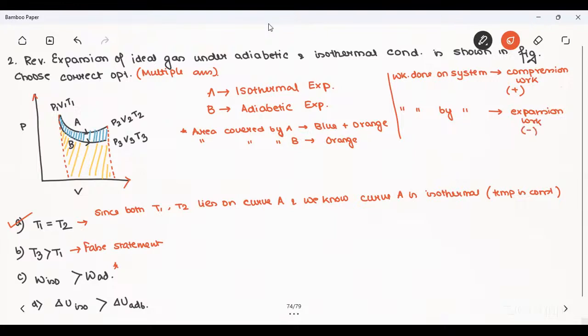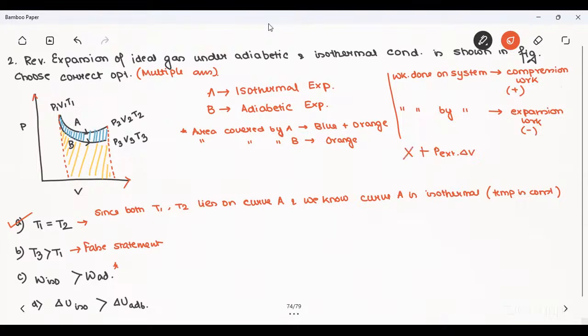Now you can tell me, ma'am, we use the basic formula of minus P external delta V, right? This is the basic formula we use to calculate work done. So if I see in the question paper that work done is on the system, should I consider it as plus?